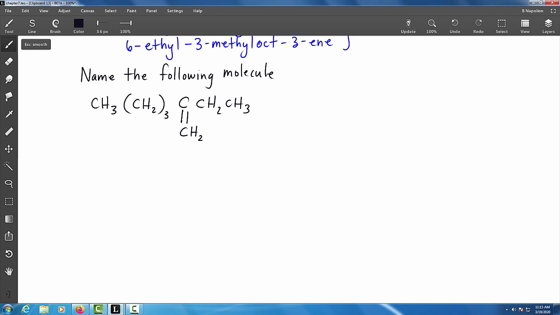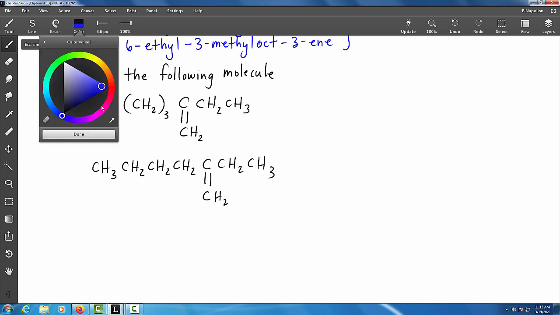So what this is a CH3, and I have 3 CH2s. So CH2, CH2, CH2 bonded to this C, which is a CH2, and this C, which is CH2, bonded to a CH3. Okay?